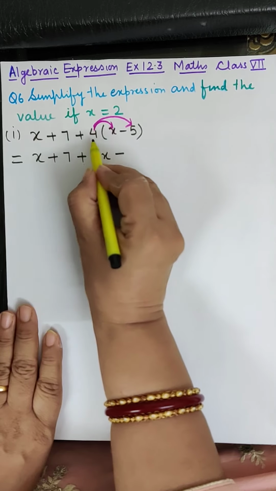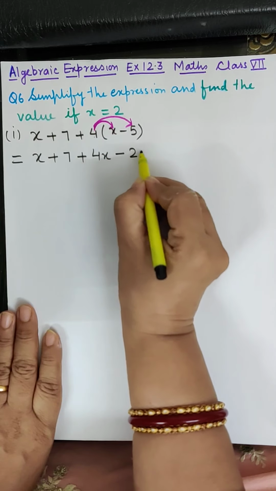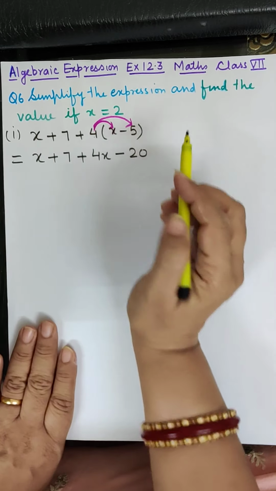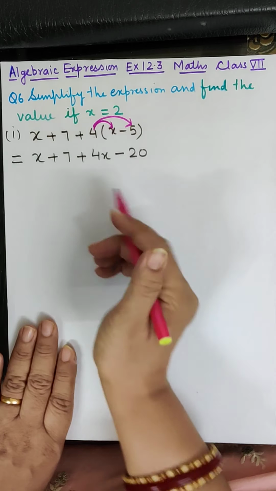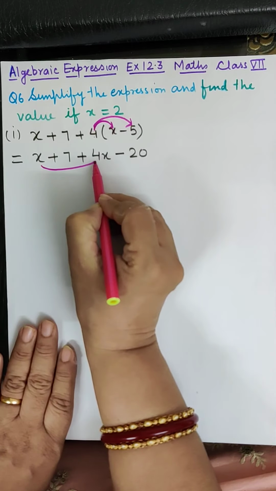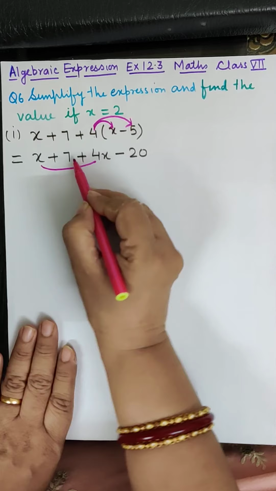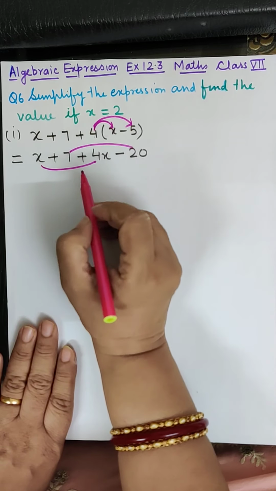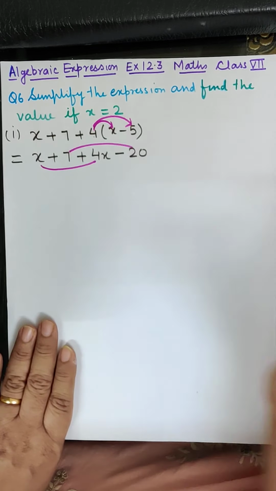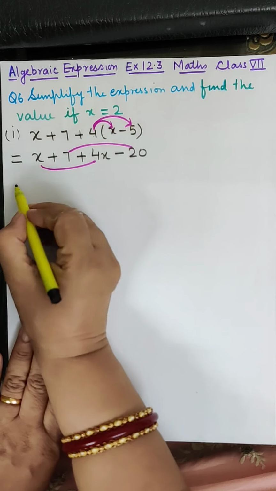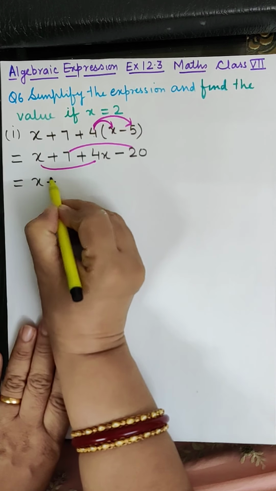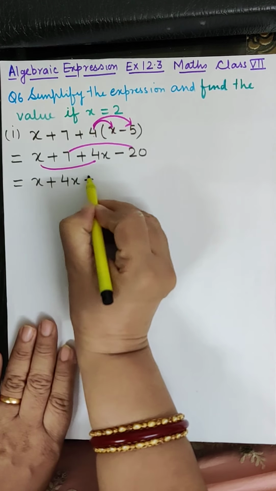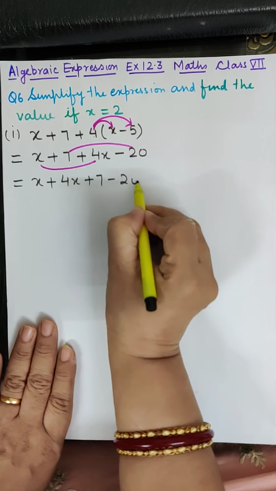Now this minus sign, then 4 into 5 is 20. Alright, now we collect the like terms. See, these both are like terms having x as variable, and these both are like terms, these are constants. Now what do we write? We write this as x plus 4x plus 7 minus 20.